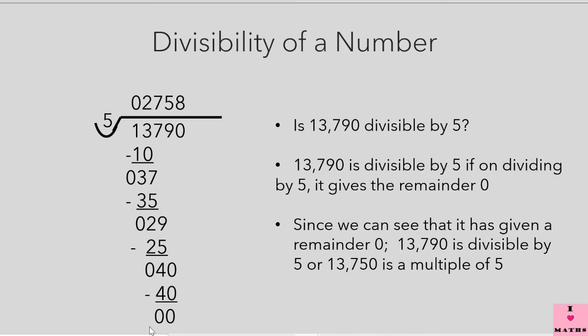Children, since the remainder is 0, it means 13,790 is divisible by 5.